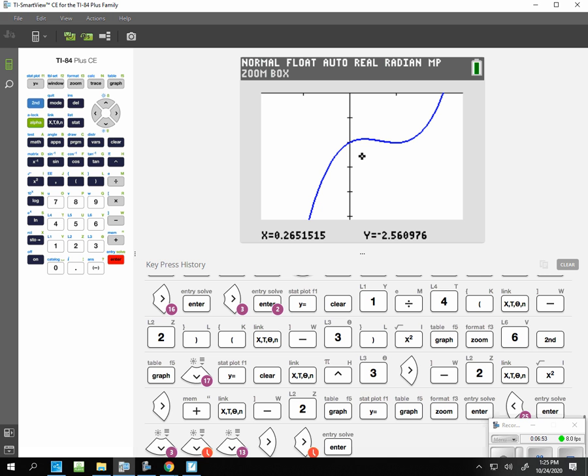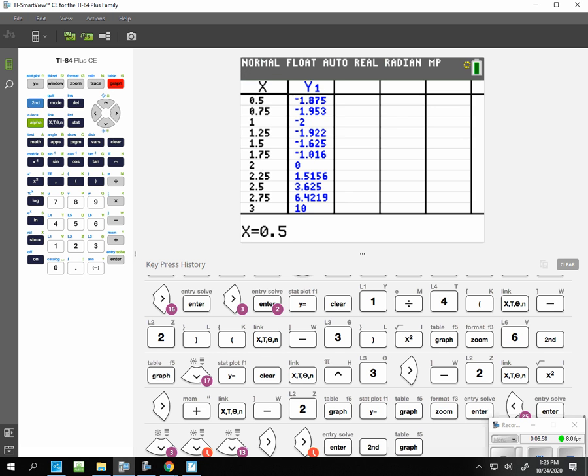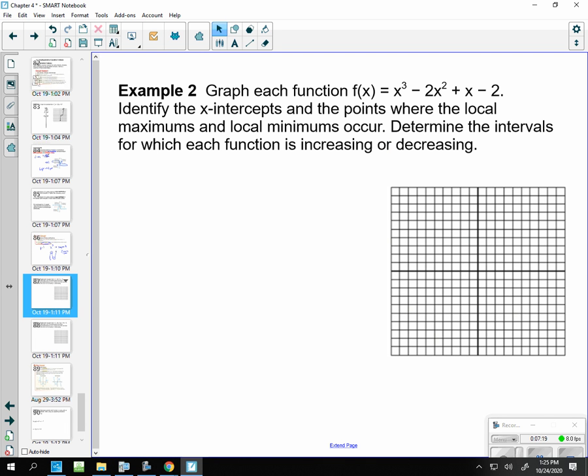So now, I want to graph this. So I want to hit second graph, and I want to get some points to graph. Notice my XY chart is going by 0.25, but this will give me an idea, like (1, -2) would be a good point, and (2, 0) would be a good point. So if I go back to my picture, I have (1, -2) as a point, (2, 0) as a point, and (0, -2) as a point.